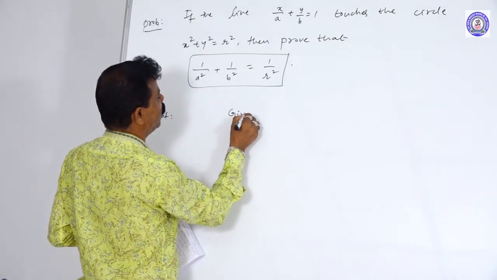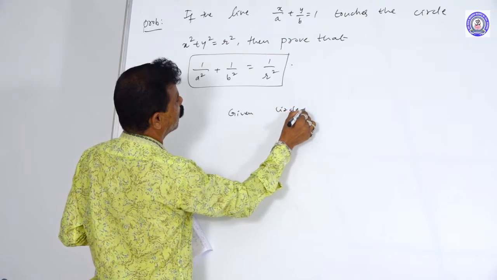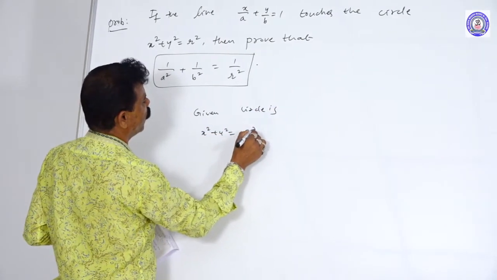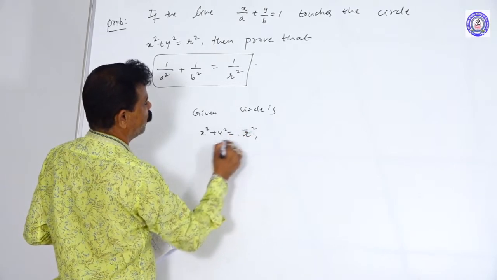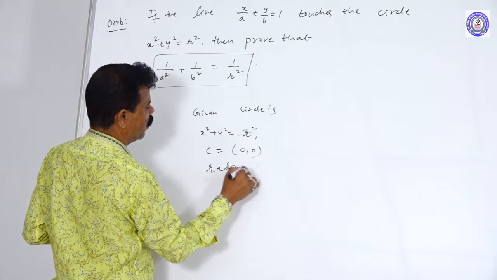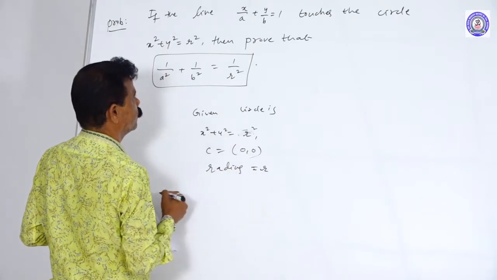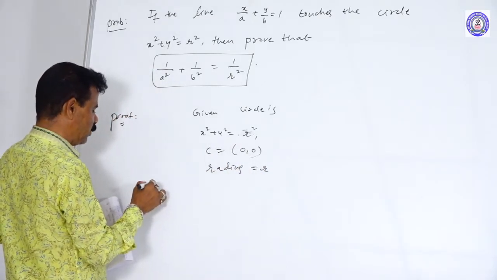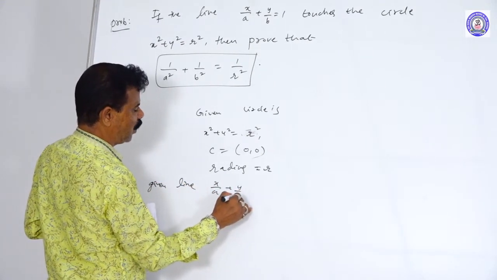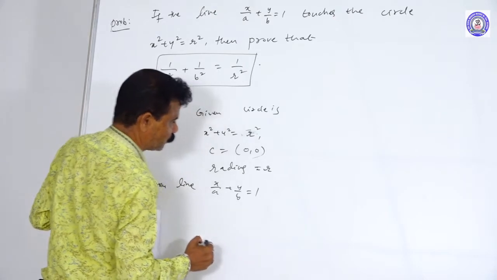So the given circle is x² + y² = r². For this, the center is (0, 0), radius r, and the given line is x/a + y/b = 1.